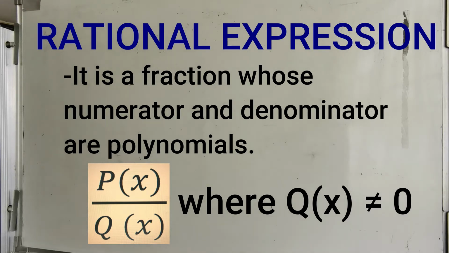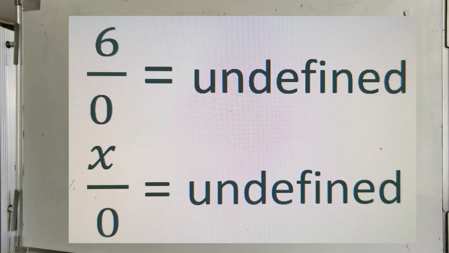So bakit bawal maging 0 ang ating denominator? So we all know that if we have a given, fraction man siya or rational expression, basta ang kanyang denominator ay 0, that is undefined.